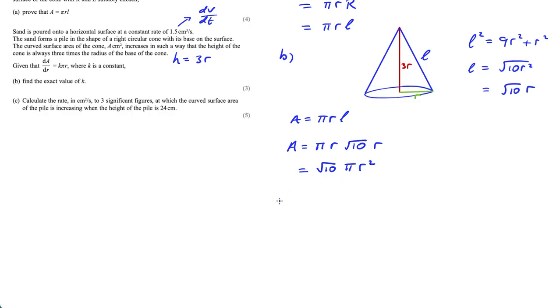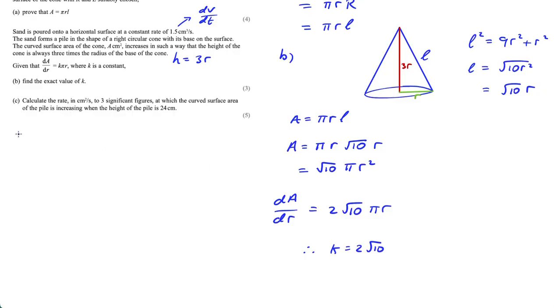We want dA/dr. So dA/dr is equal to 2 root 10 pi r. So we're done, because it asks what is the value of k? Well, k is 2 root 10. So I'm going to say, therefore, k equals 2 root 10.